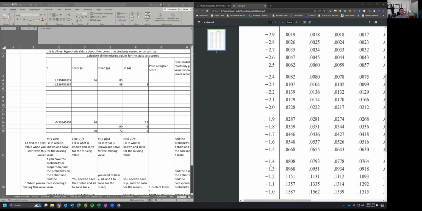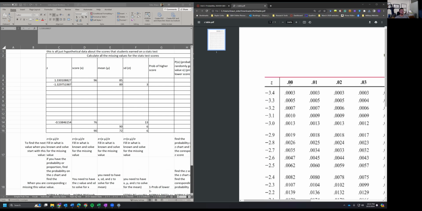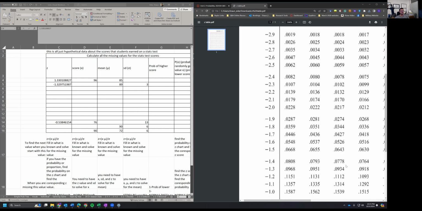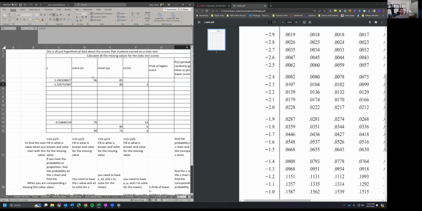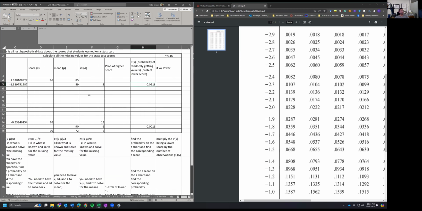So we come down here, negative 1.3. This is negative 1.30, negative 1.31, negative 1.32, and this is really closest to negative 1.33. We find that intersection, and it's 0.0918, which would be the probability of having a score that's lower.